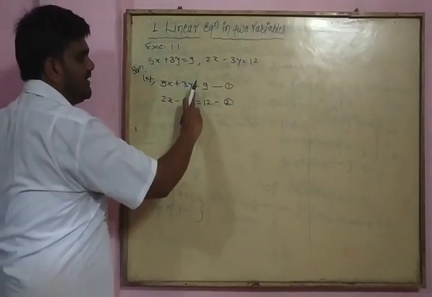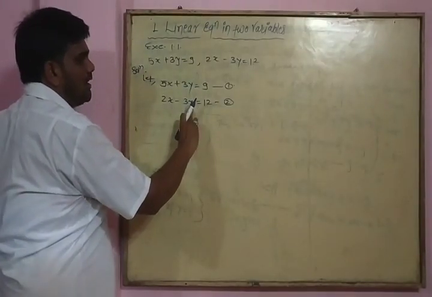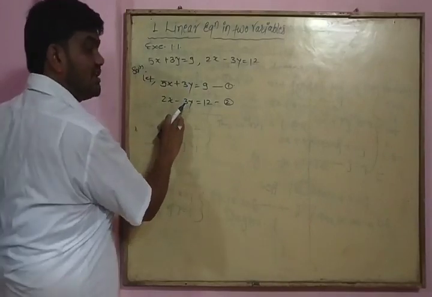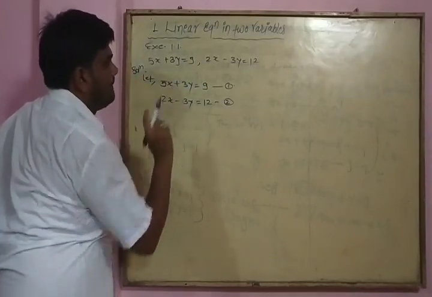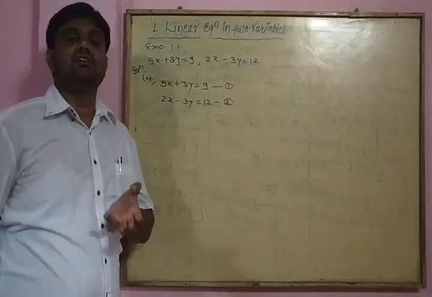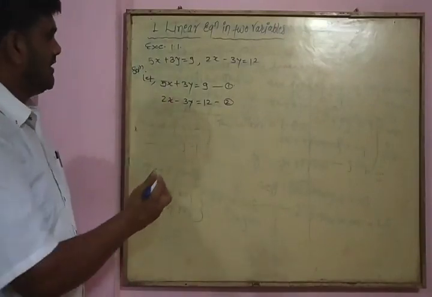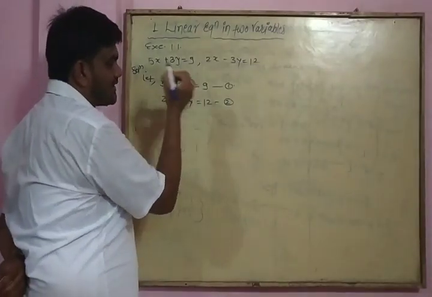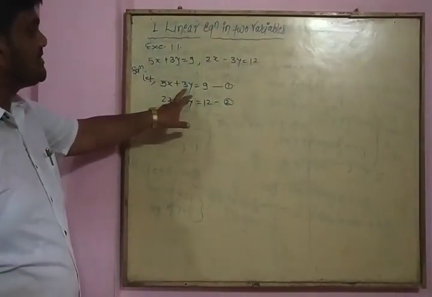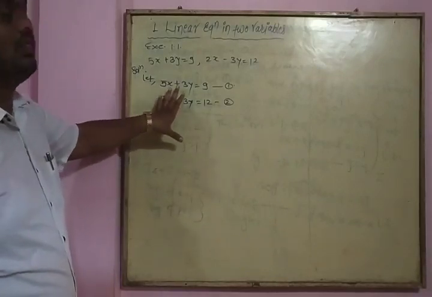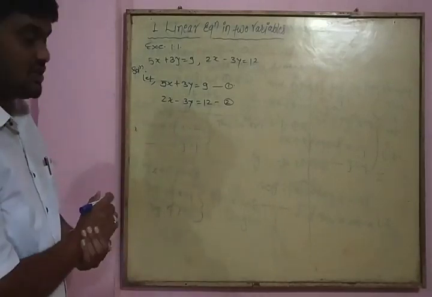Here the variable y has a coefficient of −3 in the second equation and +3 in the first equation. It makes our work easy. That is, the coefficients are the same and the signs are different. Means we can solve these equations quite easily.